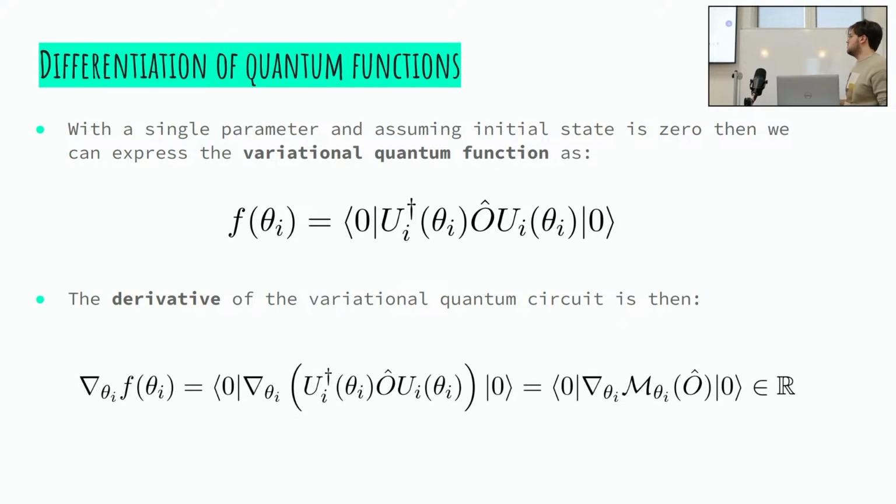So you want to differentiate that. That's great. You can take the nabla operator, and you see that the state on the right and on the left do not depend on the parameter theta. So you can apply it on the transformation of the observable, and we call that M.